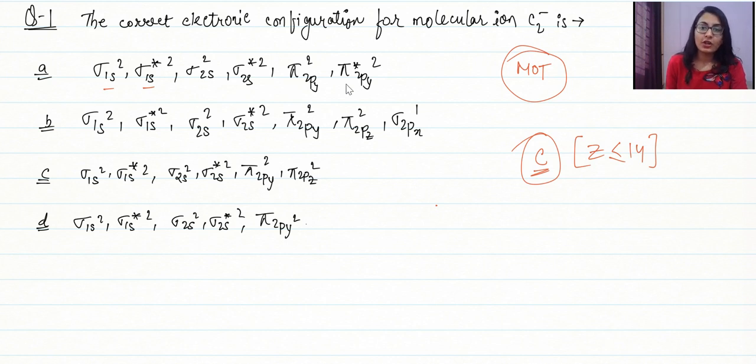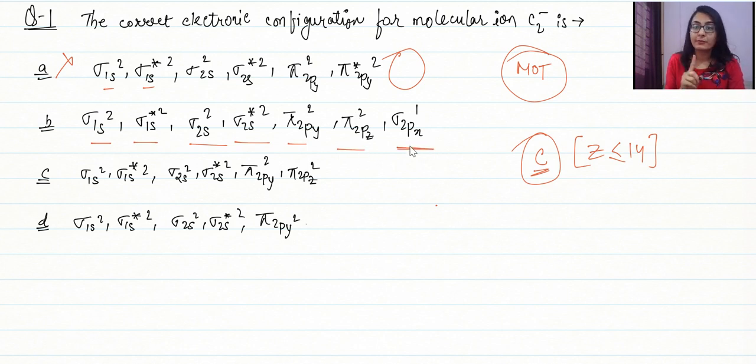But we are not having the extra electron into the sigma 2px, so we are going to cross off option A. Then option B: sigma 1s2, sigma 1s star 2, sigma 2s2, sigma 2s star 2, pi 2py with 2 electrons, pi 2pz with 2 electrons, and sigma 2px1. So this is our correct electronic configuration for the C2 minus molecular anion.